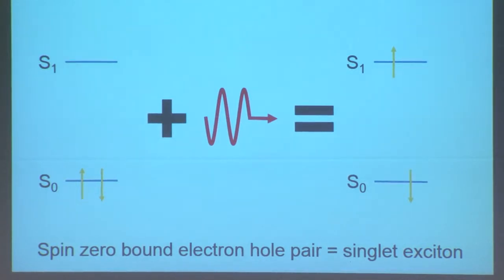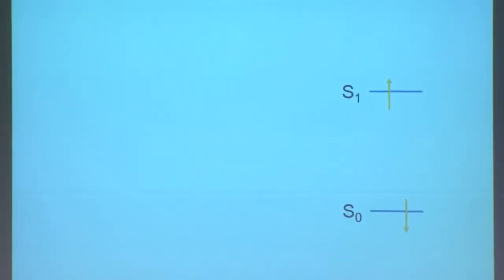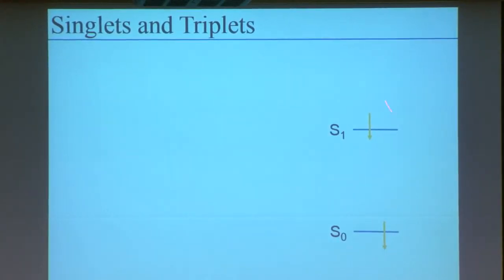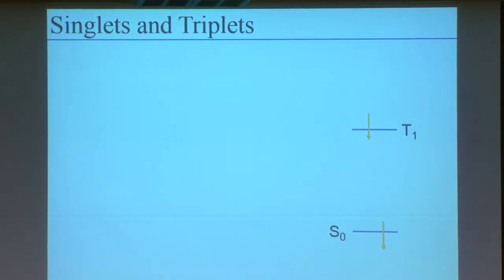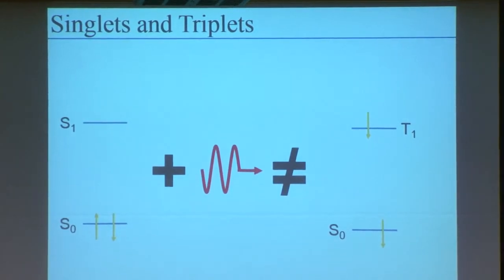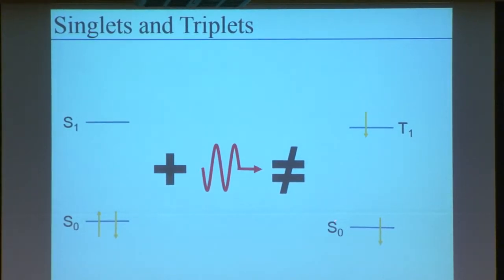But if we do a little thought experiment and take that electron that's excited up here and flip its spin around, now we've blocked it from recombining, because the Pauli exclusion principle tells us that you can only have a spin up and a spin down electron in a bond. So now we call this the triplet state. The triplet state cannot interact with light. It cannot fall down to the singlet state and emit a photon.